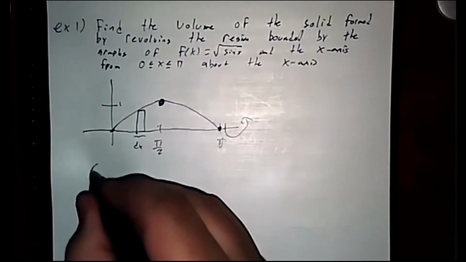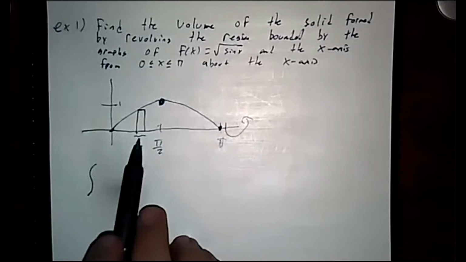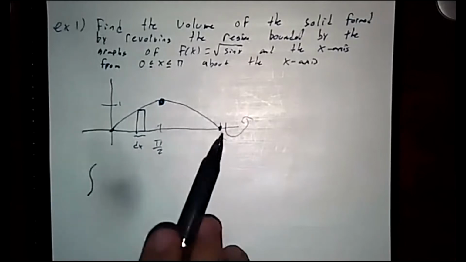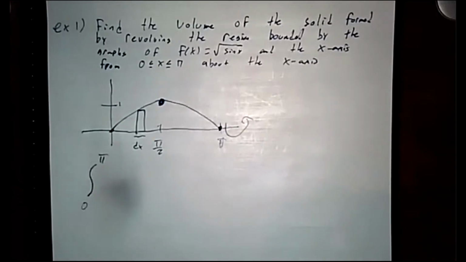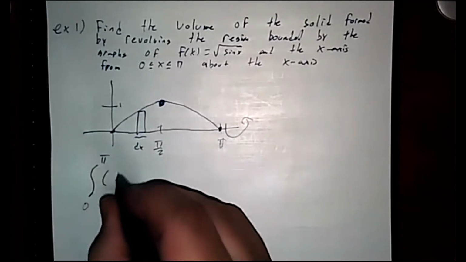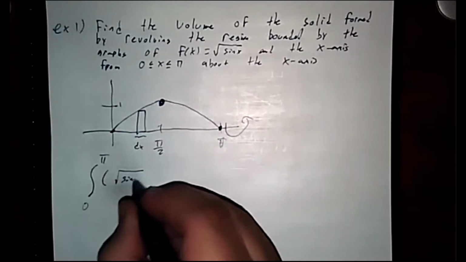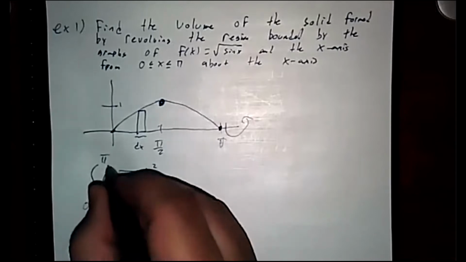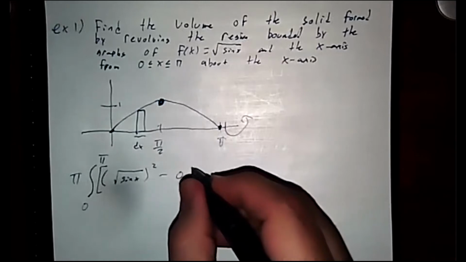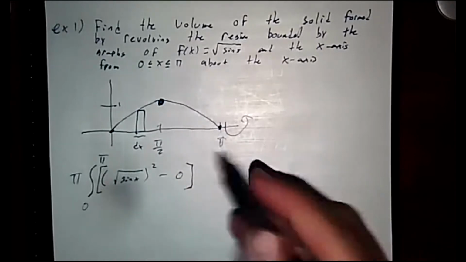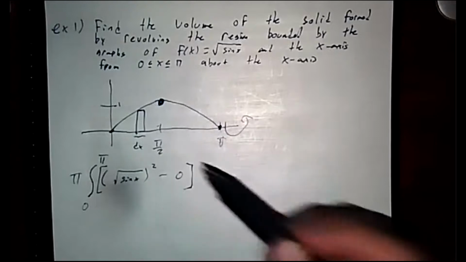So I need to do the integral from, since it's dx, I look at the x-axis, 0 to pi. Top function, square root of sine x squared. There's a pi in front of this formula. I forgot about it. Minus 0, because there's no gap, right? Top is this, 0 is the axis, dx.